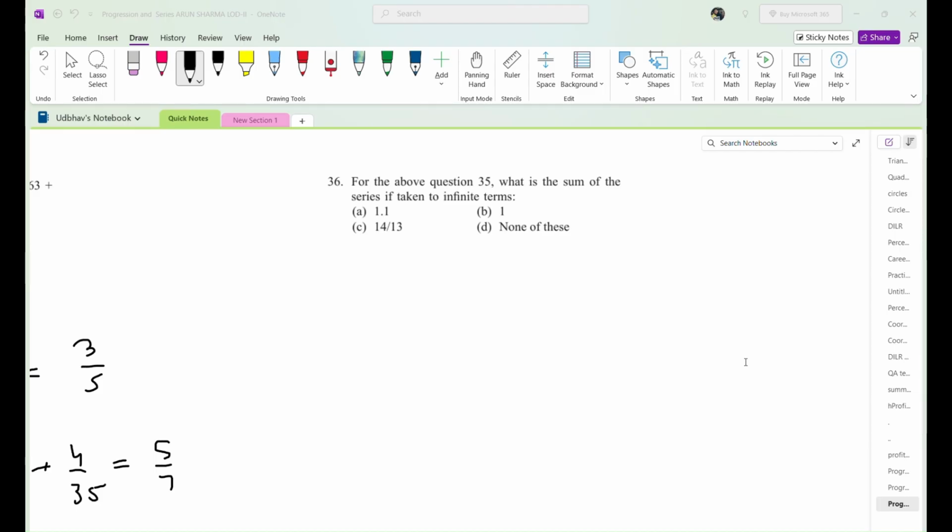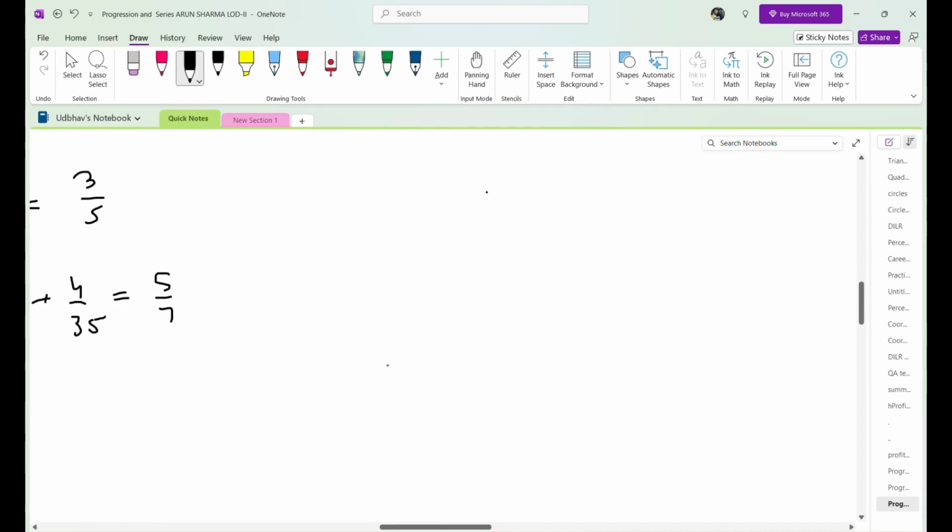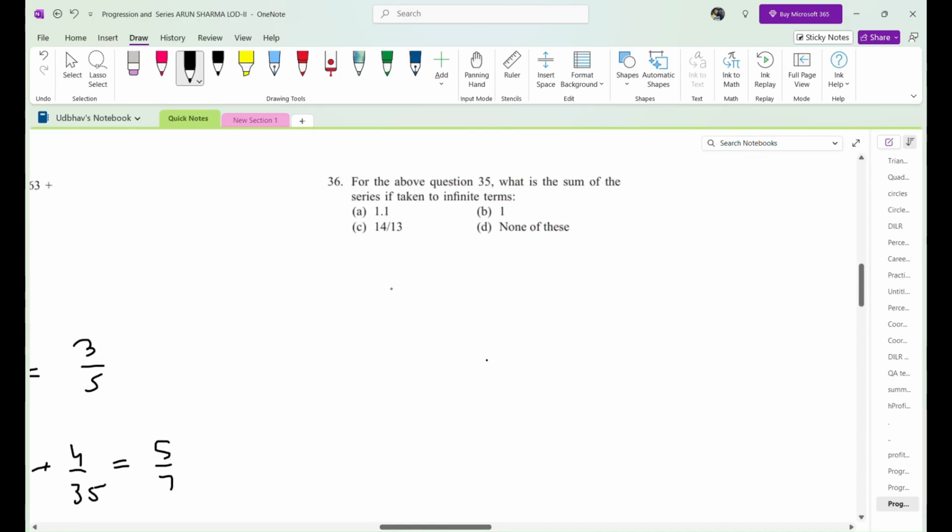Answer to 36. What was the pattern here? The pattern of Sn was, these are indeed odd numbers. How can we write odd numbers? 2n plus 1 upon the next odd number, 2n plus 3.